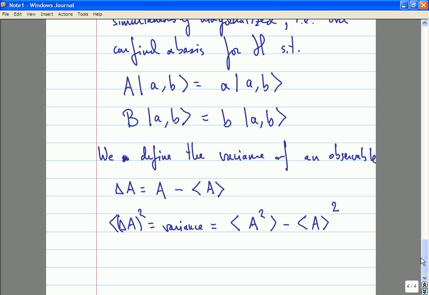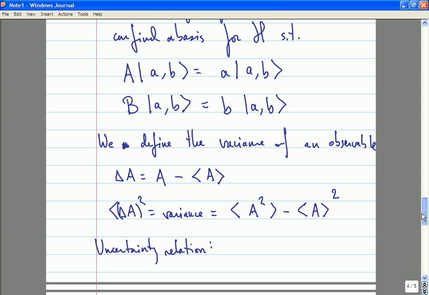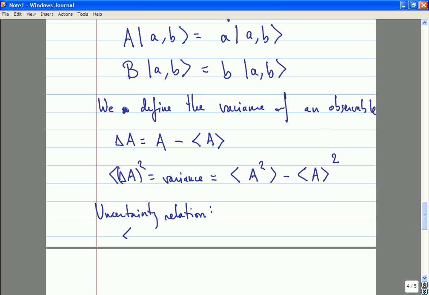So what is the uncertainty relationship? The uncertainty relation is the statement that the variance of an observable A times the variance of another observable B is greater than or equal to the expectation value of their commutator.